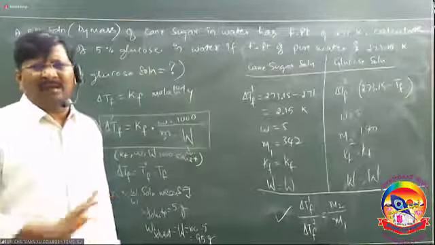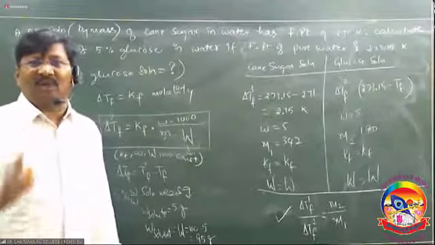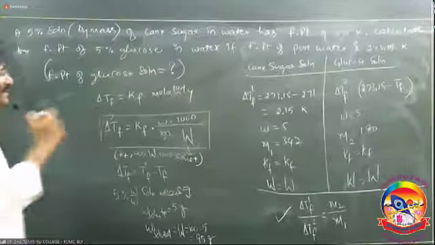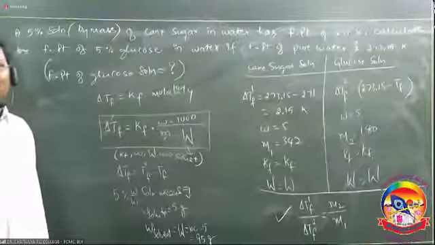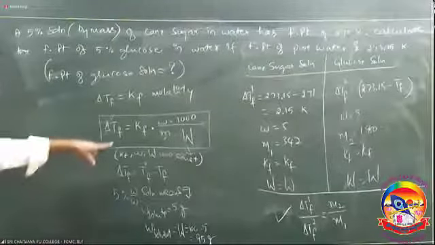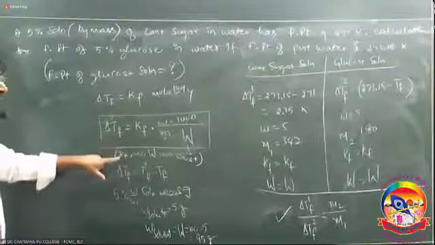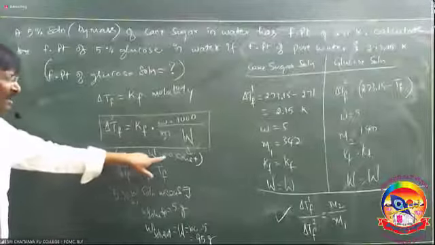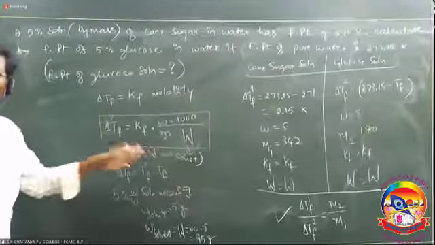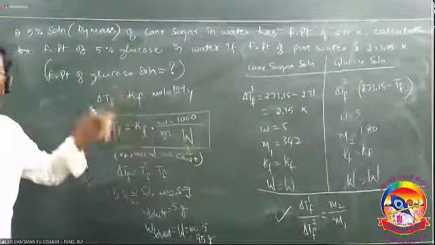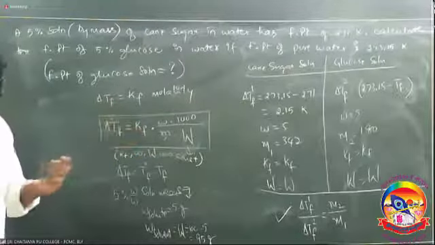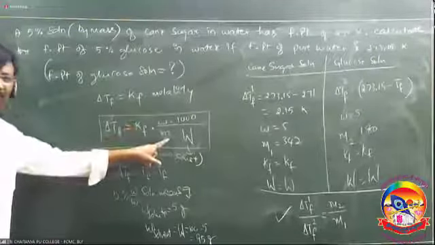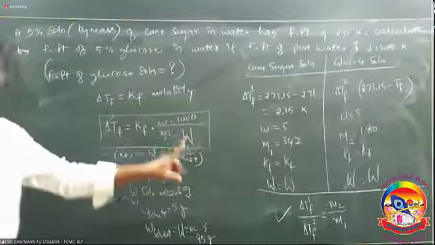But in competitive exams, two solutions are given, and two solutions means comparison. So here KF, W, capital W and 1000 are all constant, so they do not involve in the formula. That's why all are omitted. We don't want them. Only the variables delta TF and small m remain.